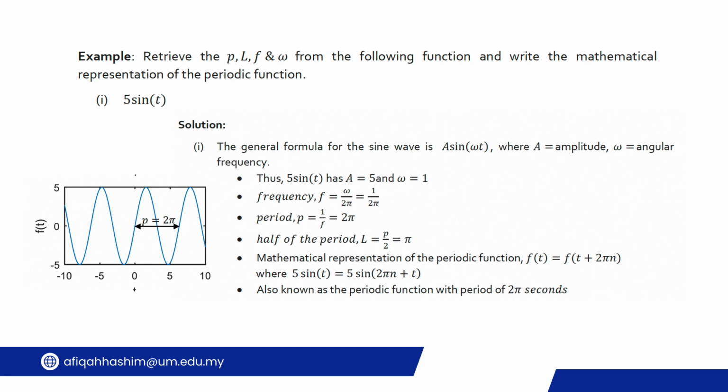The mathematical representation of the periodic function is f(t) is equal to f(t plus 2 pi n). Because our period is 2 pi, 5 sine t is equal to 5 sine of (2 pi n plus t), also known as a periodic function with the period 2 pi seconds.